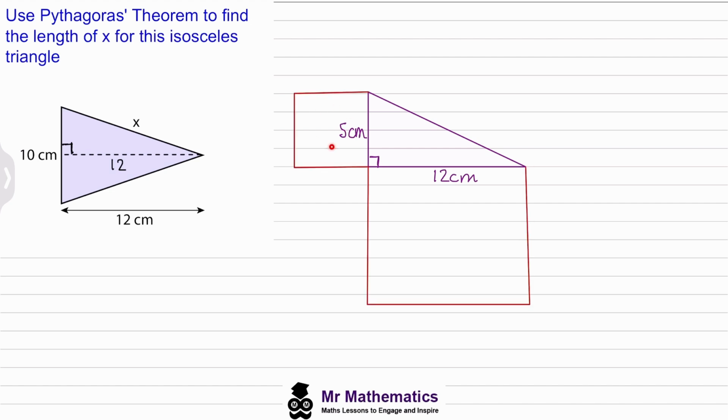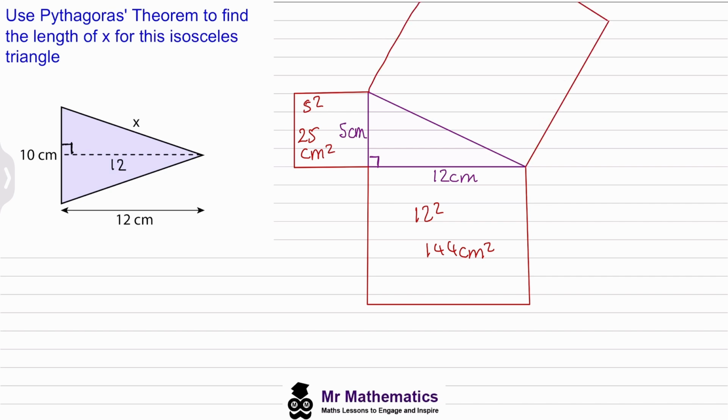We know the area of this square will be 5 squared, or 25 centimeters squared. The area of this square will be 12 squared, or 144 centimeters squared. And these two squares have a sum equal to the square on the side of the hypotenuse.